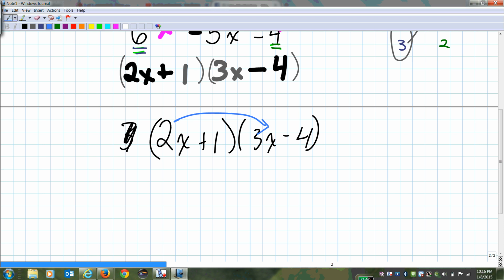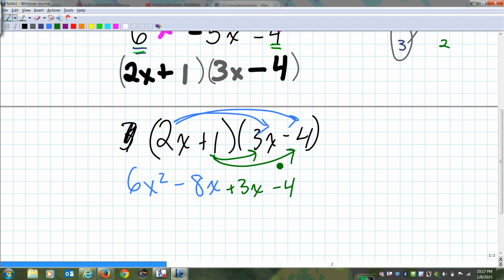This right here is going to be 6x squared, and then that is going to be minus 8x. Going this way, that's going to be plus 3x. Last one, minus 4. If we clean it up, we end up with 6x squared minus 5x minus 4.